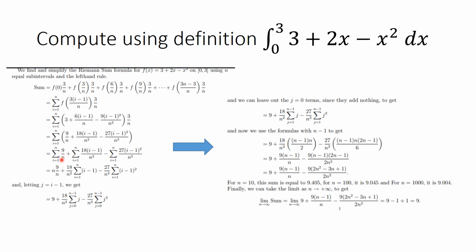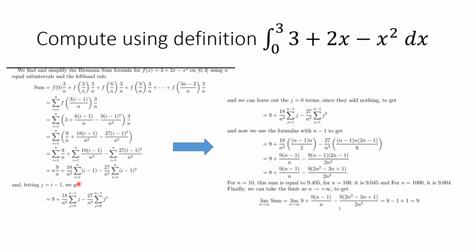So here I am going to pull out 1 over n, and I will get 9n over n. Here I will pull out 18 over n squared, and here I'll pull out 27 over n cubed, and I have these summations.